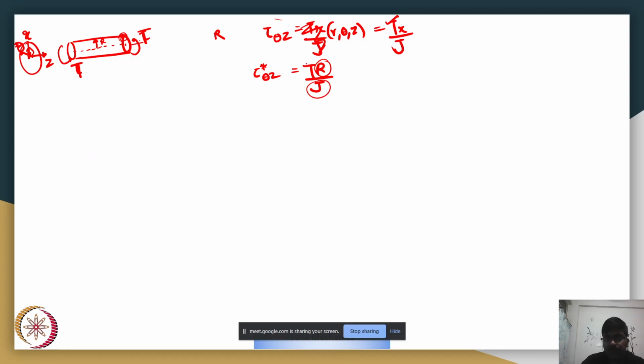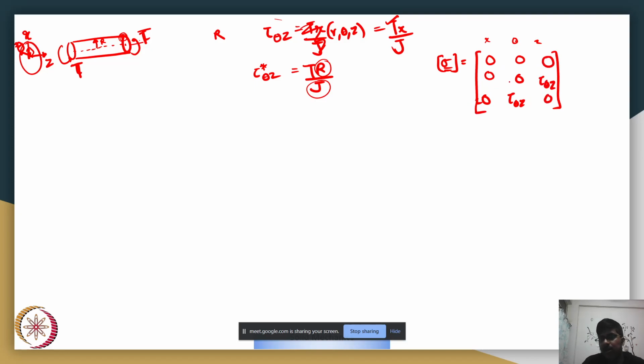And since it's only a torsion loading, right, if I want to write my sigma matrix, it would look like tau theta z, tau theta z, 0, right? If you go back to our Mohr circle argument, you can see that there is no shear stress in, say, the r direction.